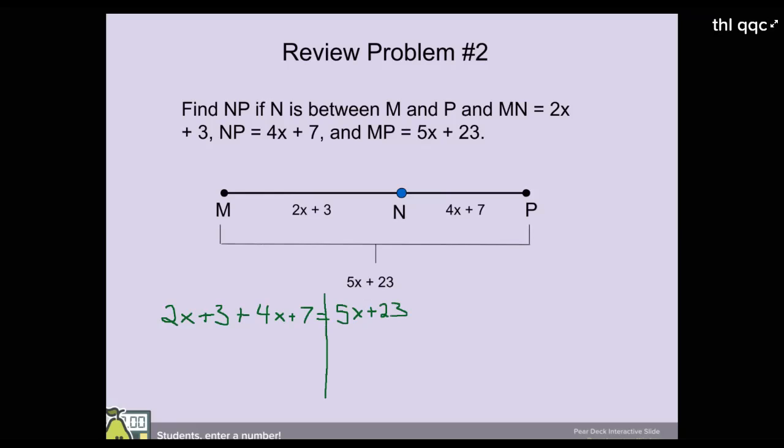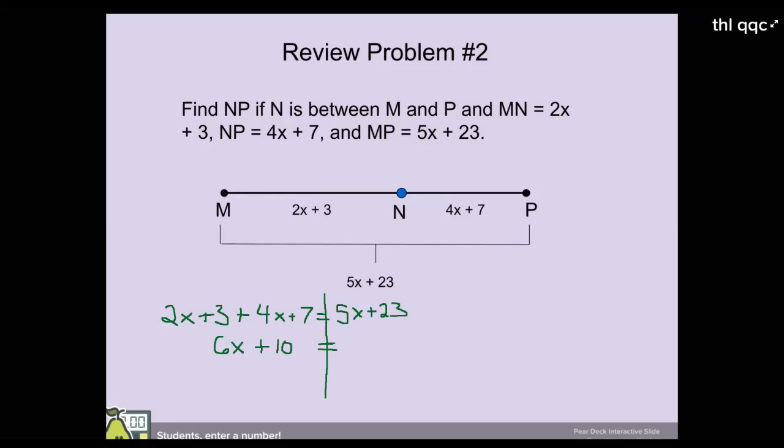All right, so now I'm going to combine like terms because I have a whole bunch of stuff over here. So I have 2x plus 4x. That's going to give me 6x. And remember, I'm going to add those things together because they are on the same side of the equation. And then I have 3 plus 7, and that's going to give me 10.